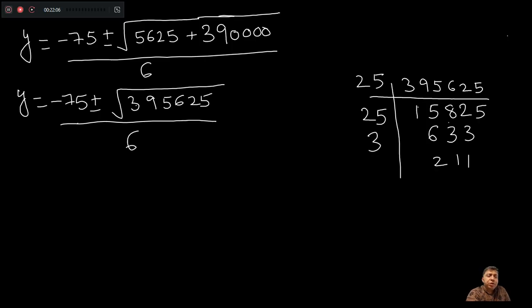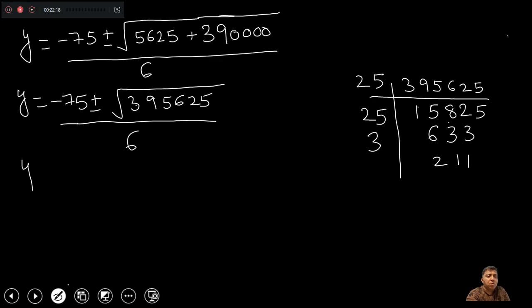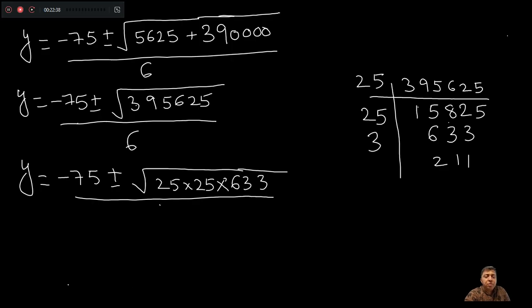I'm going to do it this way. y is equal to minus 75 plus minus square root of 25 into 25 into 633, the whole divided by 6.